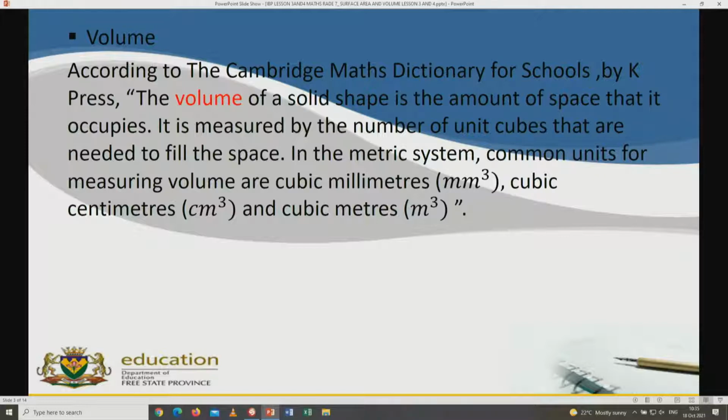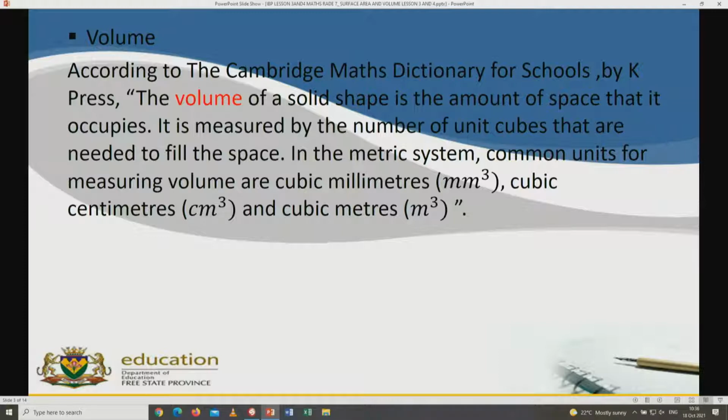The amount of space that a solid occupies, therefore, it will be our volume. Now, how is it measured? It is measured by the number of unit cubes that are needed to fill the space. Now we're going to use the little cubes to measure. In the metric system, common units that are used for measuring the volume are cubic millimeters, cubic centimeters, and cubic meters.